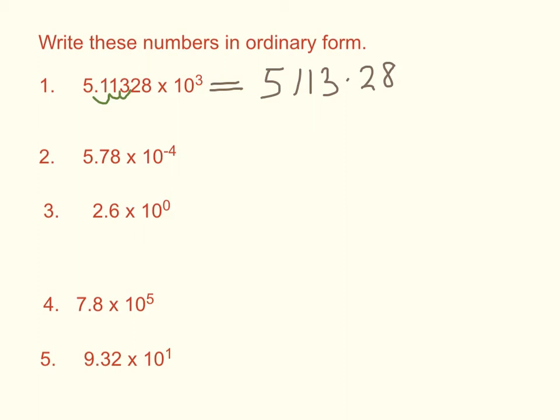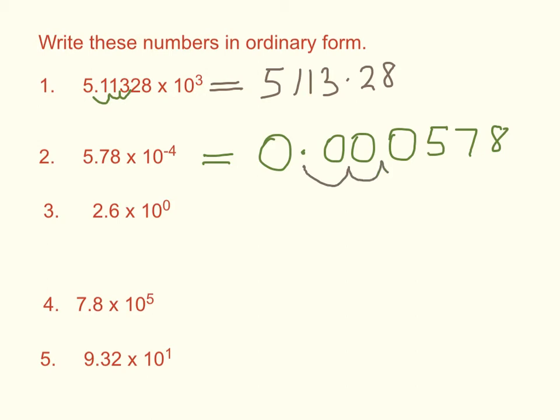The next one, 5.78 times 10 to the power of -4 will be 0.000578, because if we look at what's happened here, it's easiest to see it when we're checking our answer. 1, 2, 3, 4, and my decimal will hop into the right place.